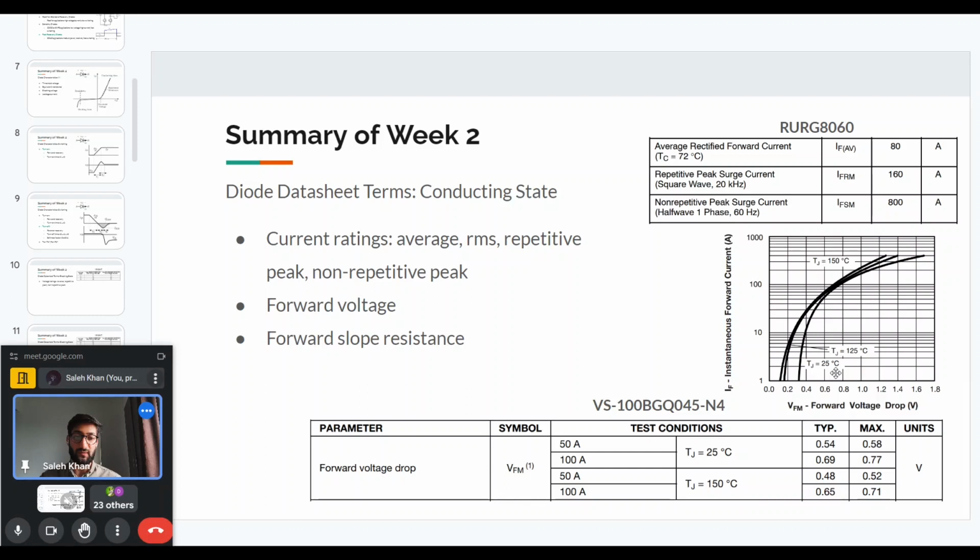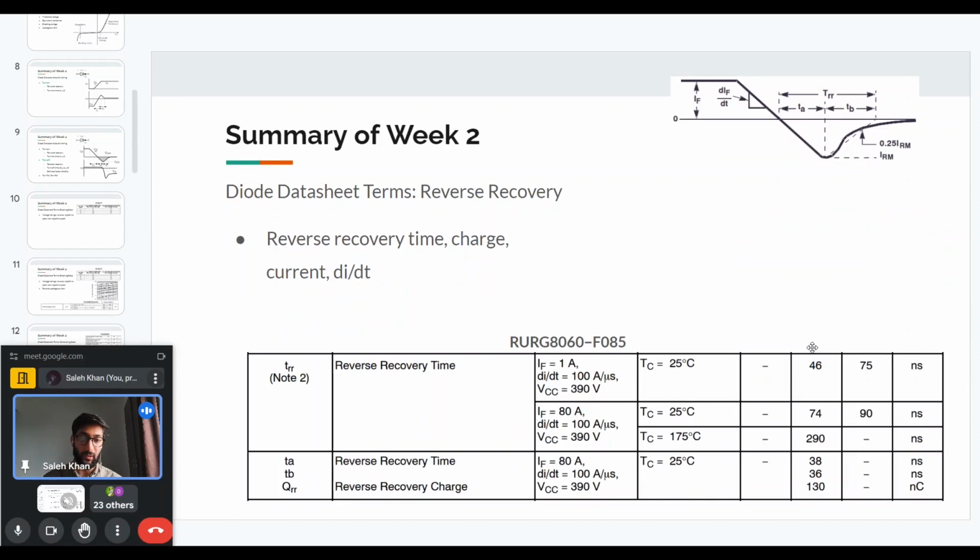Next, we can come to some switching characteristics, which are the reverse recovery characteristics. As we see here, the data sheet provides the reverse recovery time, which is the negative current when it rises and then again falls. The total time is the reverse recovery time. And this is provided at different current values.